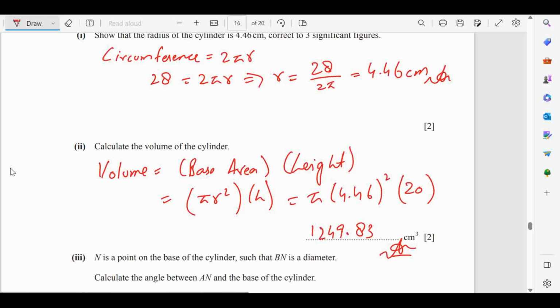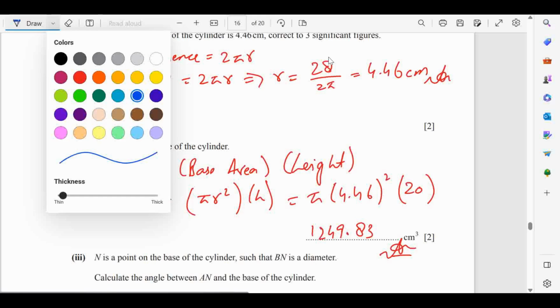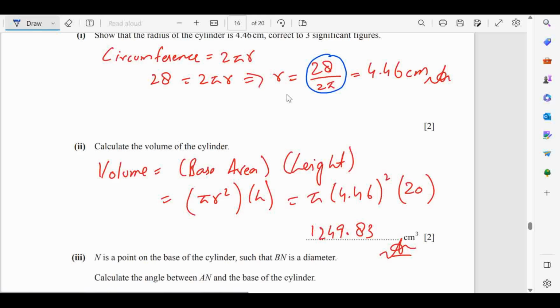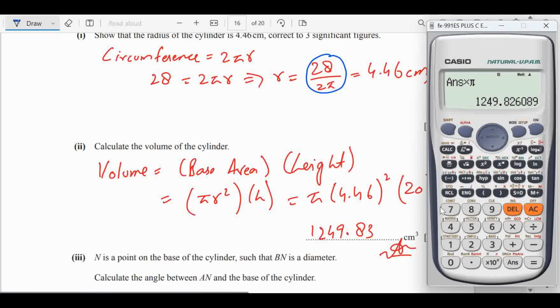And keep this in your mind that if you want to take accurate values, you have to take the value of r as 28 by 2 pi. So you can also simplify it as 28 divided by 2 pi whole square multiply by pi multiply by 20.